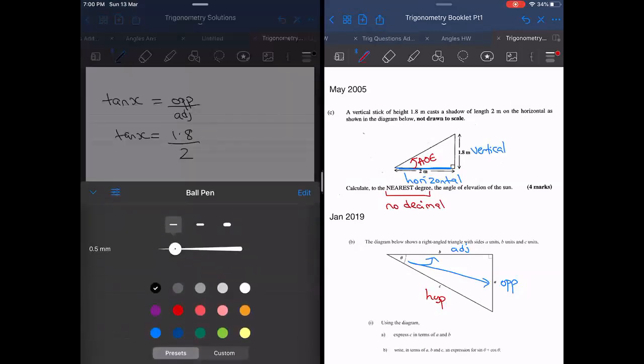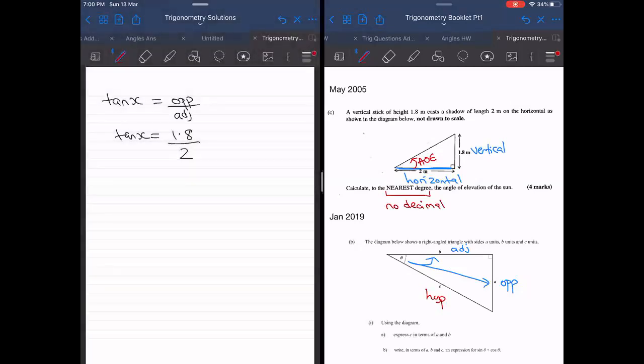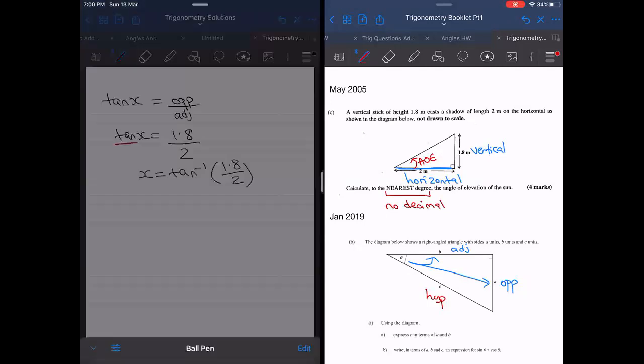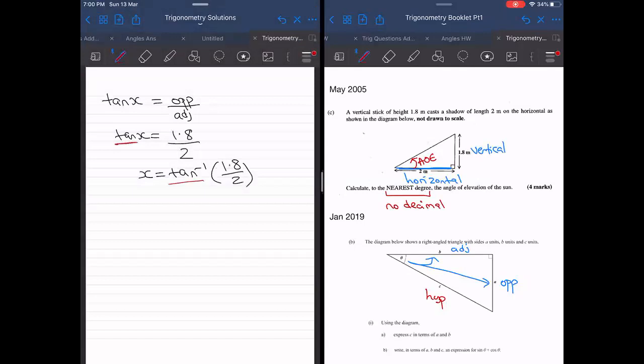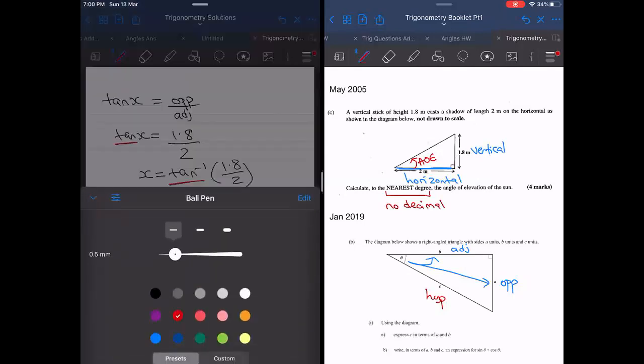Okay, so because I want the x by itself, there's something I am going to have to do to get rid of that tan. And to get rid of the tan, you have to tan inverse the other side. So for those who didn't know, now you know.